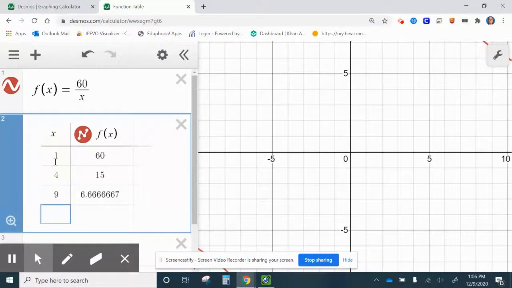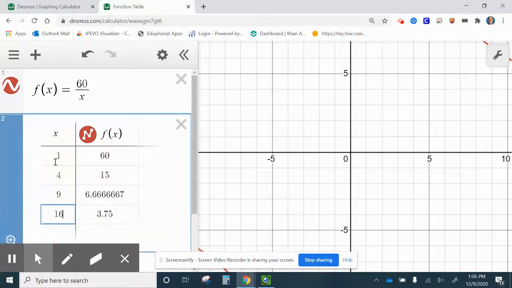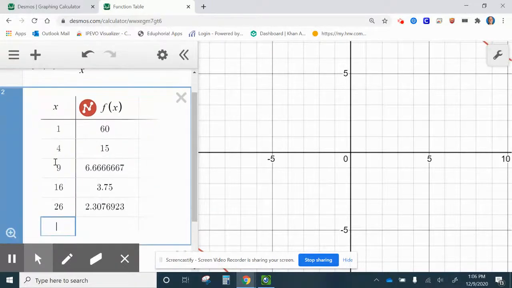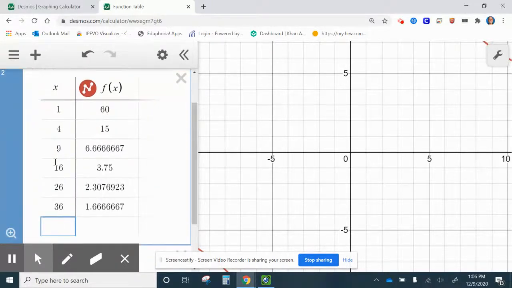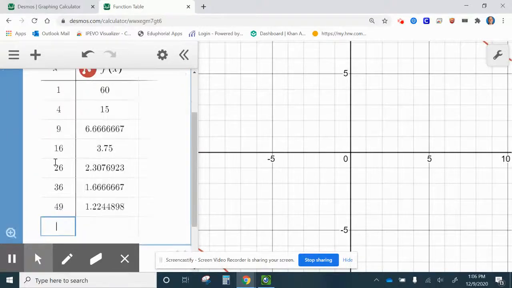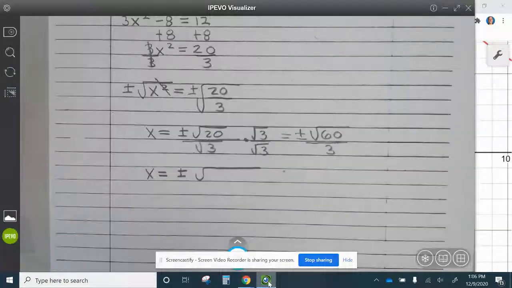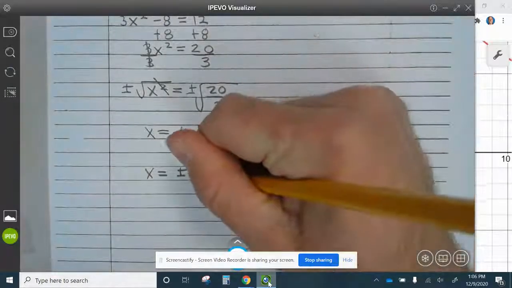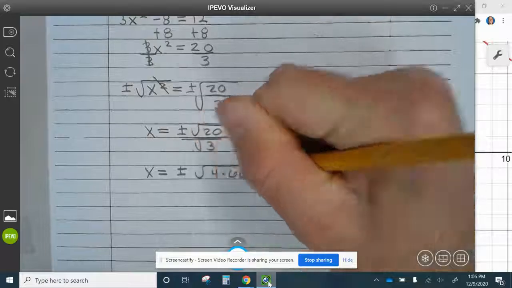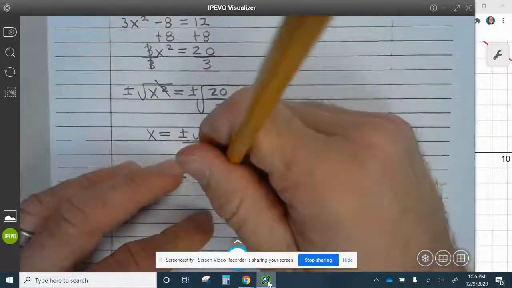Let's try 9, and then 16, 25, 36, 49, and then 64. Once you get larger than the number, then you know to go back, and so our combination is 4 and 15. So we can write the square root of 60 as 4 times 15.